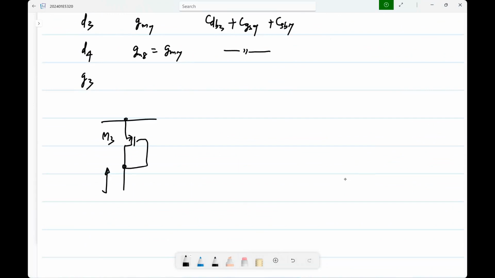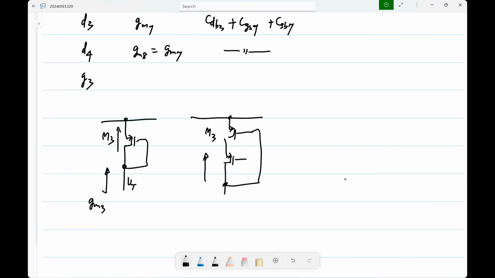What is the small signal conductance looking up? GM3. Why? If you apply some test voltage, GM3 times test voltage is drawn there. Now you have M3 with some cascode device. If you apply a test voltage, how much current is drawn?